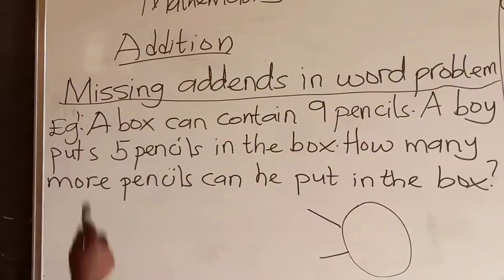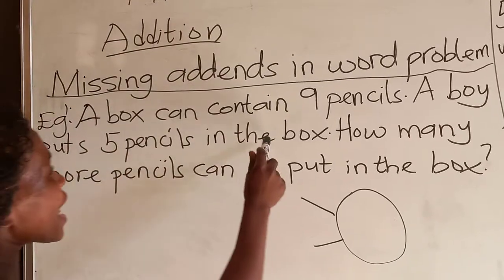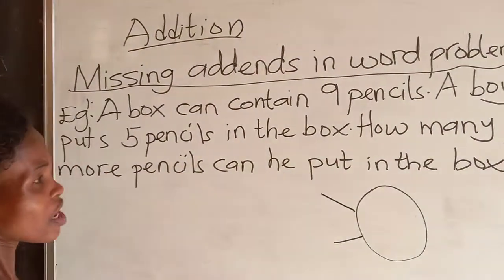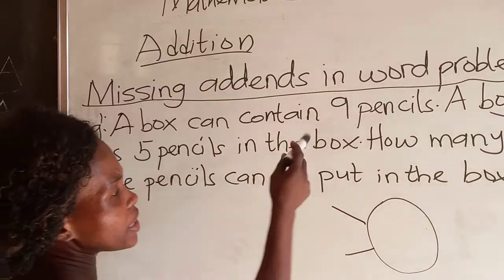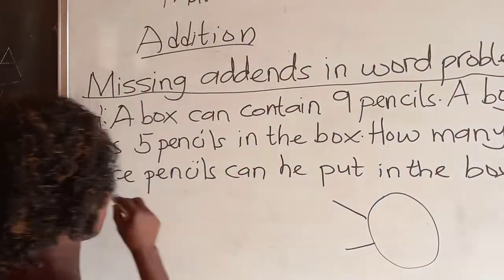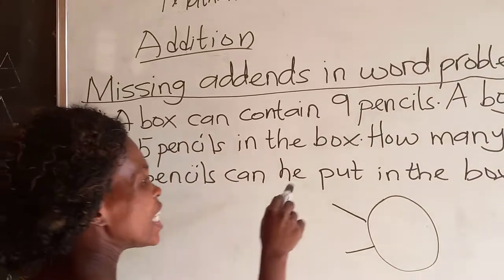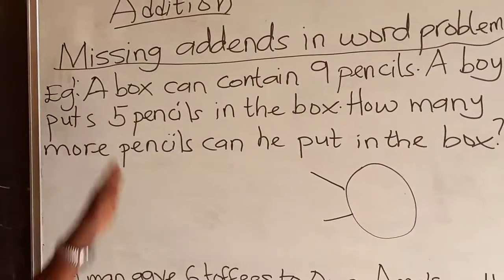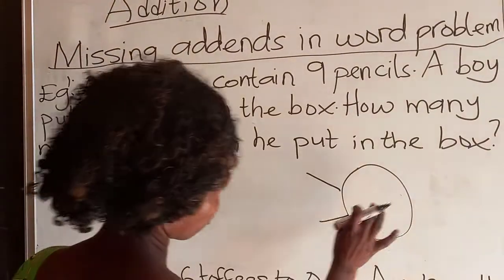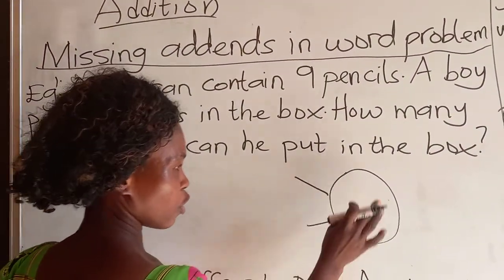Now, example. A box can contain 9 pencils. A boy puts 5 pencils in the box. How many more pencils can he put in the box? This is the box. I've drawn the box already.